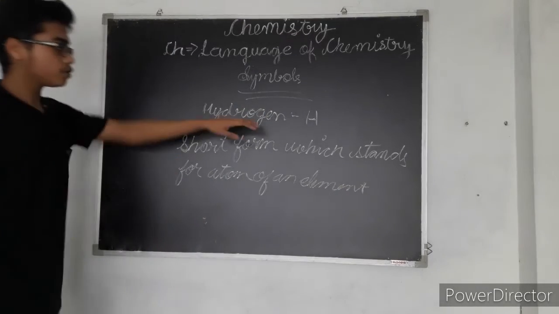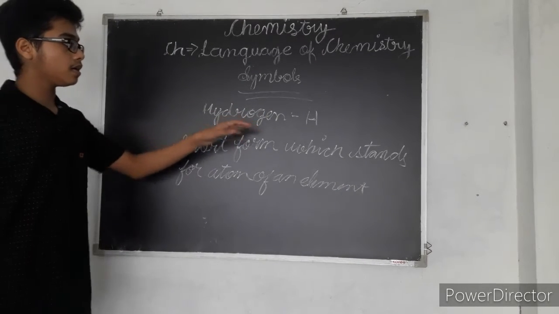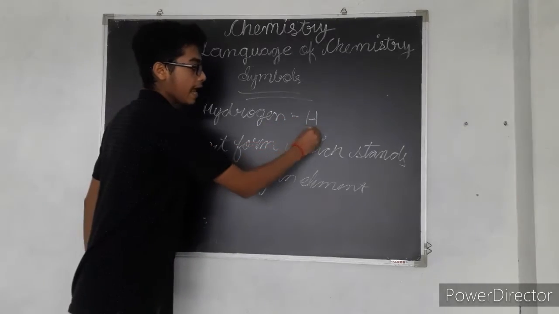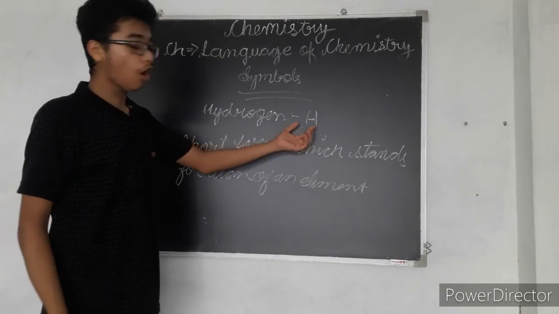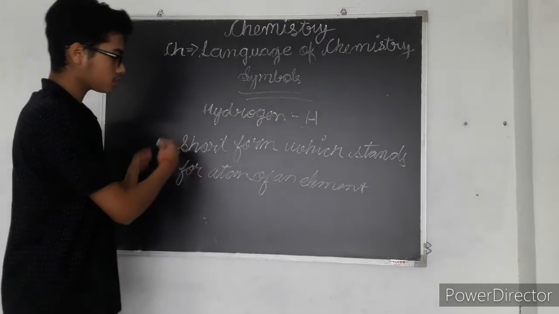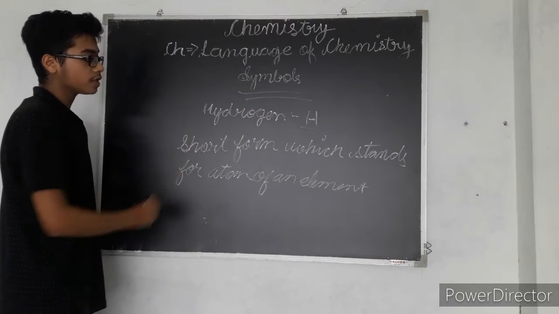So hydrogen is an element, and H shows an atom of the element hydrogen, and it is the short form. So this is the definition of symbol.